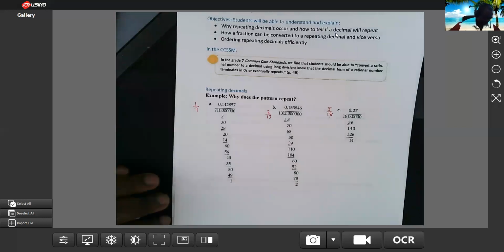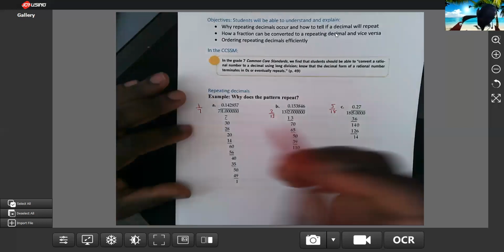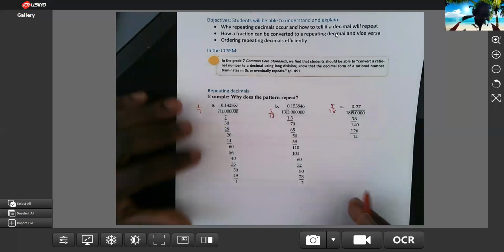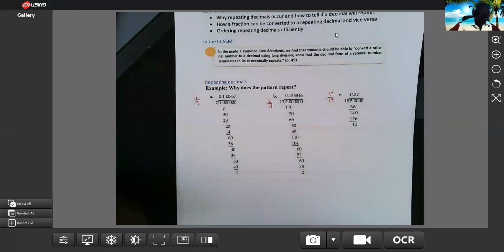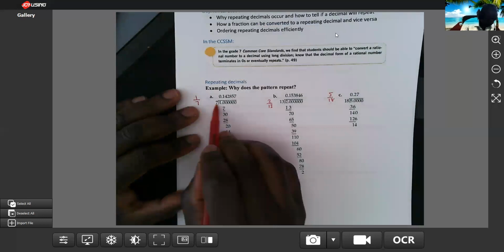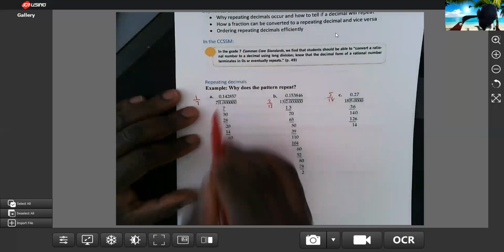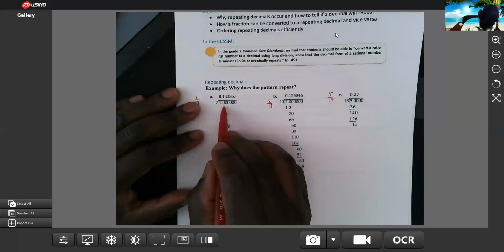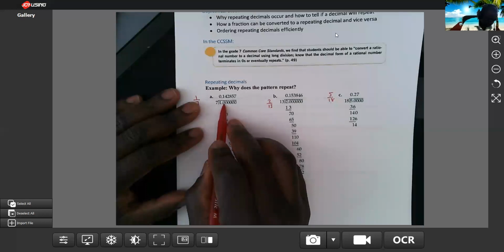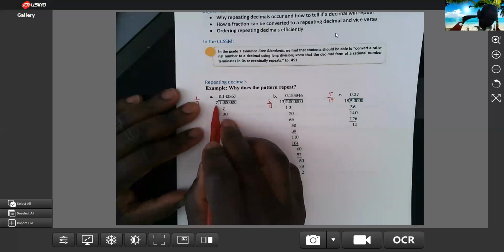So let's use long division. I will just do one of them, and then I will ask, how could you tell that a pattern repeats? Okay, 7 into 1 is not possible, so you put 0 and then a decimal. And then you add a 0 to that, so that becomes 10. 7 into 10 is 1. 1 times 7 is 7.